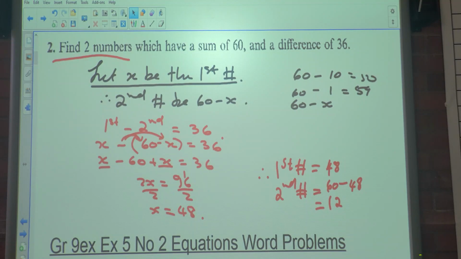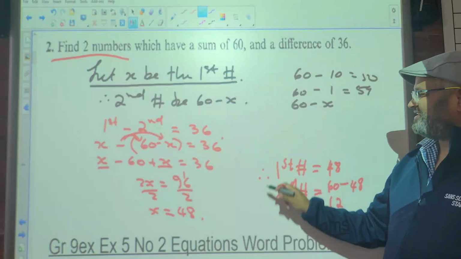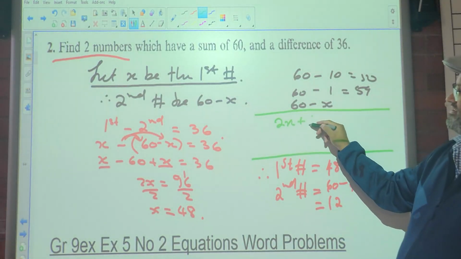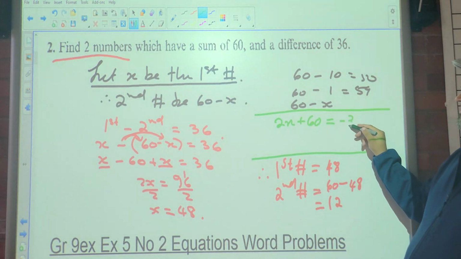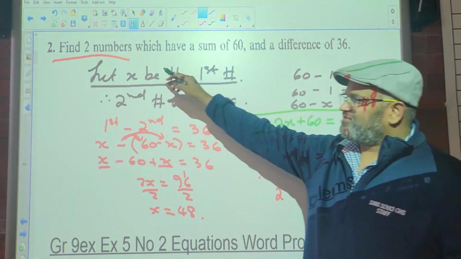Yes, sir? What did you do? Tell me, what did you do? You said 2x plus 60 equals negative 36, because for the difference of 36, I put it as the negative. Okay, go from the top.